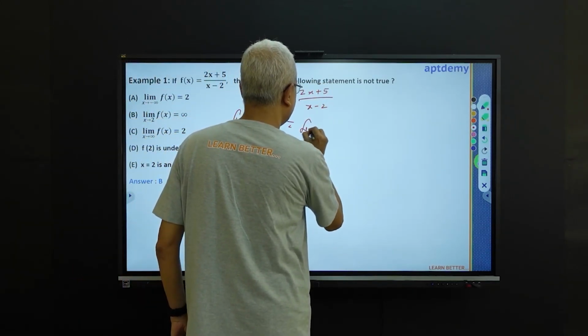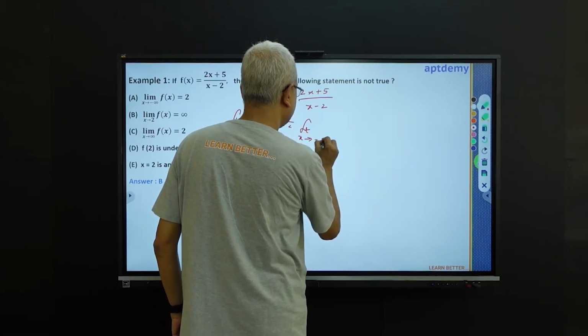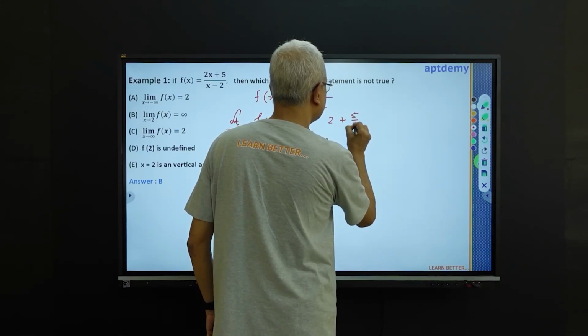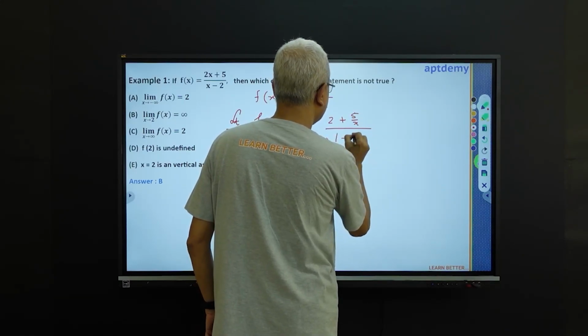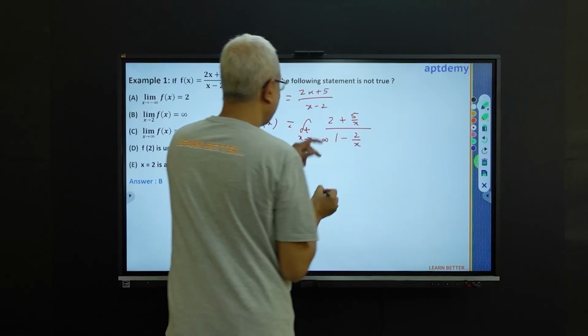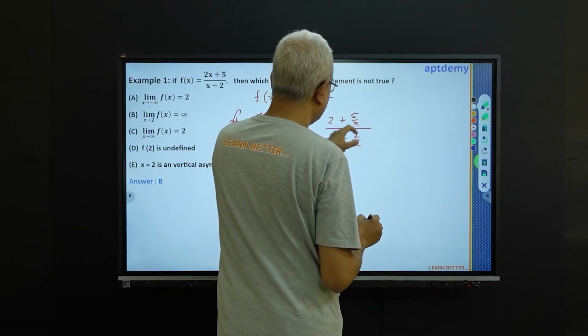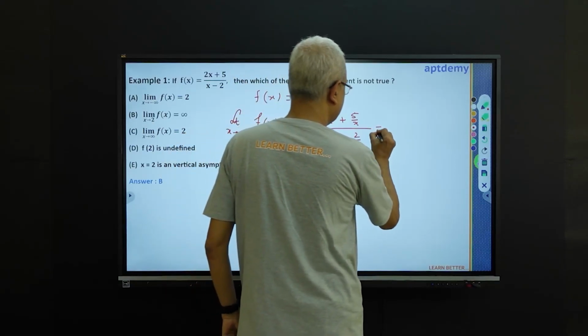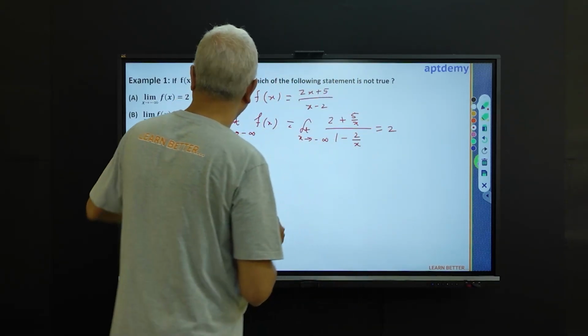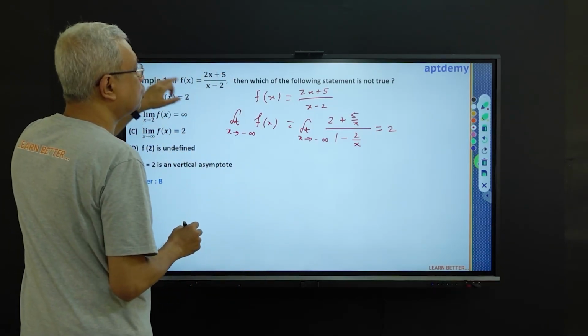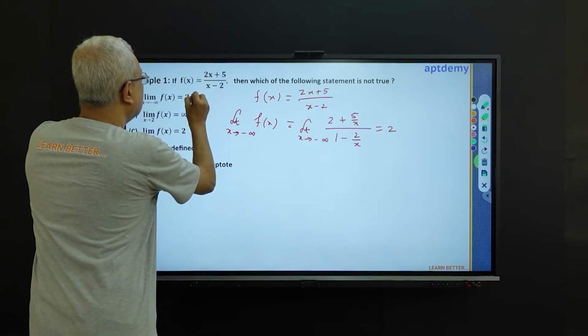So limit x tends to negative infinity, (2 plus 5 by x) over (1 minus 2 by x). As x approaches negative infinity, 5 by x approaches 0, 2 by x also approaches 0. So it becomes 2. So this is a true statement.